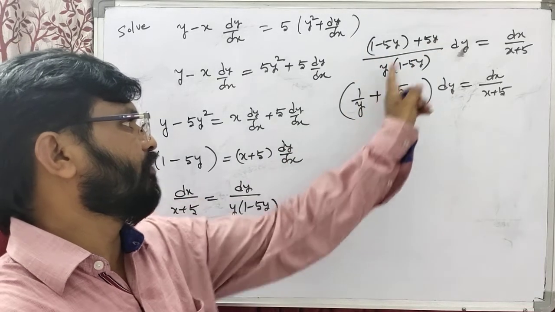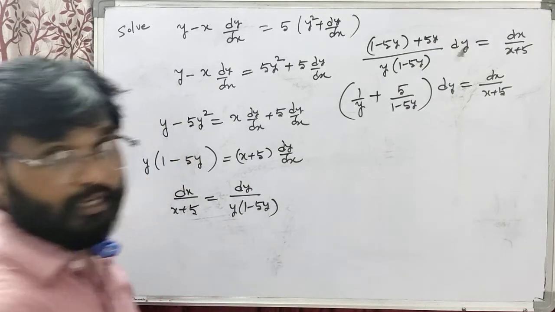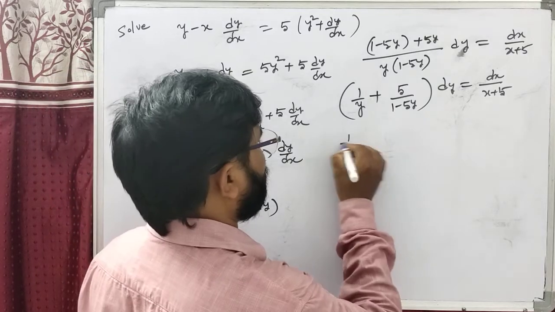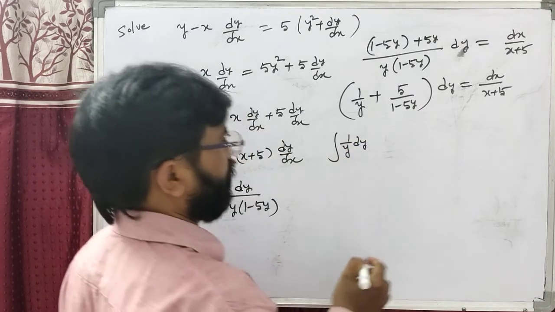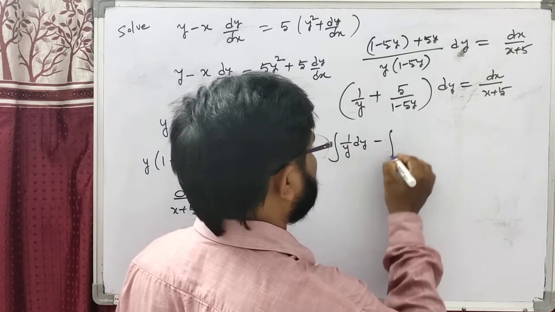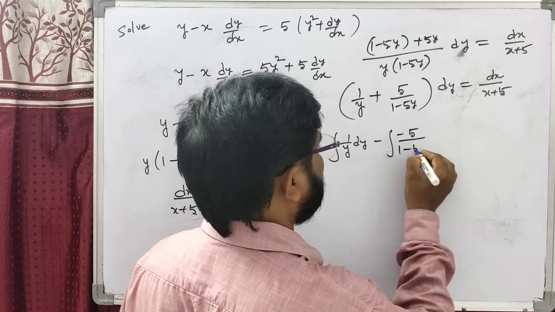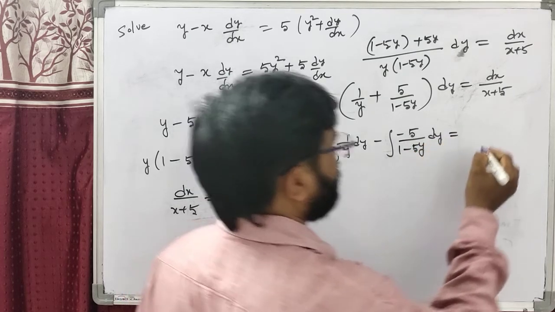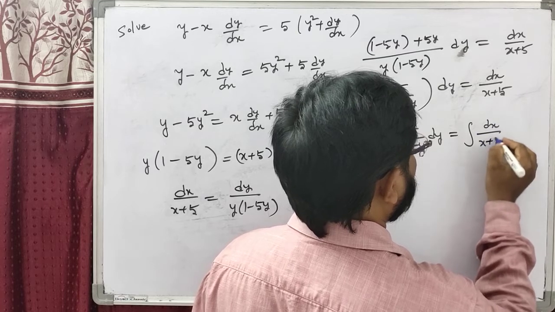Dear students, y cancels, 5 by 1 minus 5y. Okay students, how to write this one? We can write 1 by y dy, and after that plus 5 by 1 minus 5y dy, equal to the integral of dx by x plus 5.